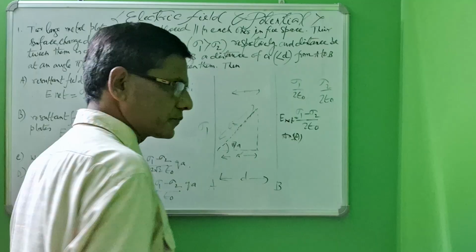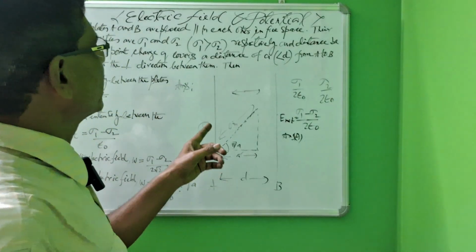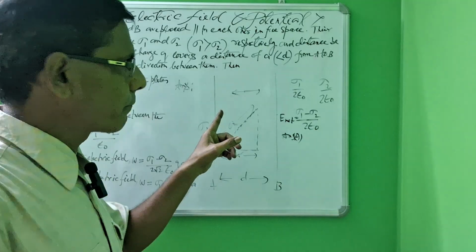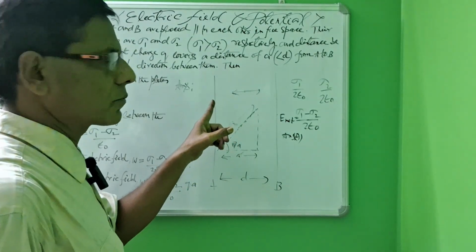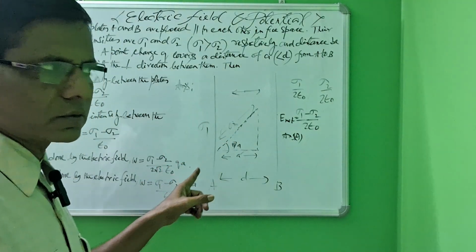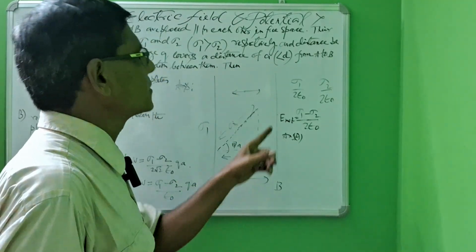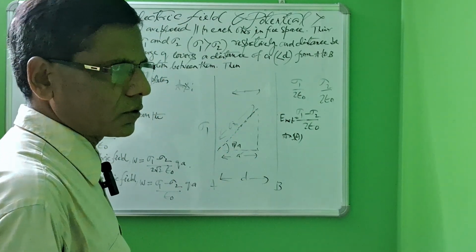Again I am saying, from Gauss theorem we get the field intensity nearest to plate 1, this large metal plate, and this is also a large metal plate, equals sigma upon twice epsilon naught.